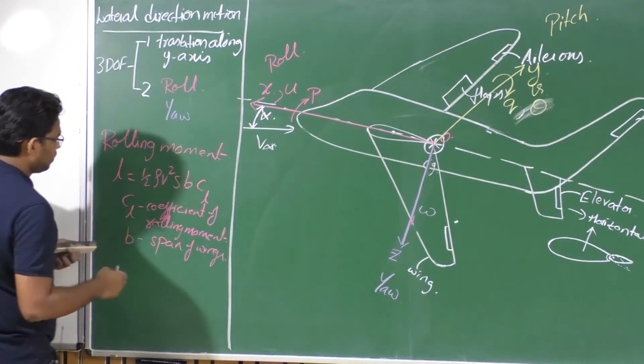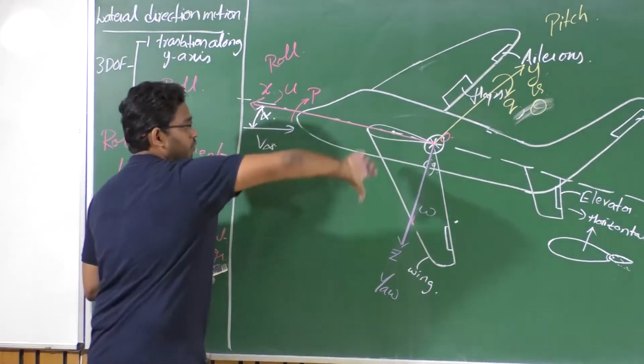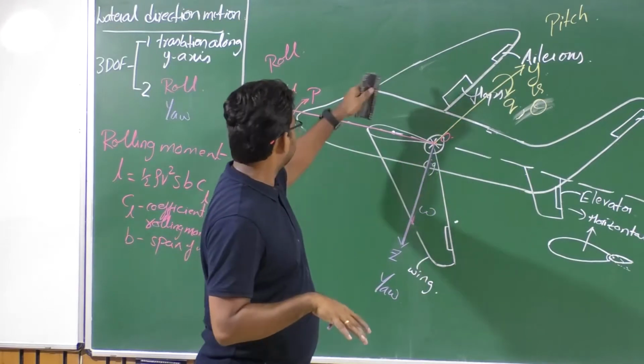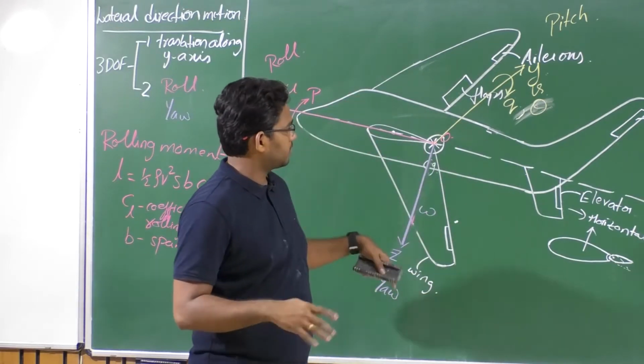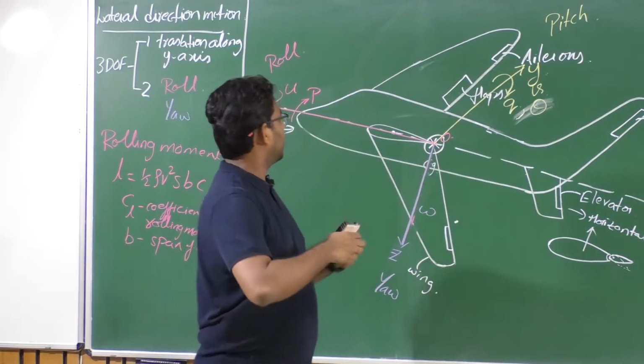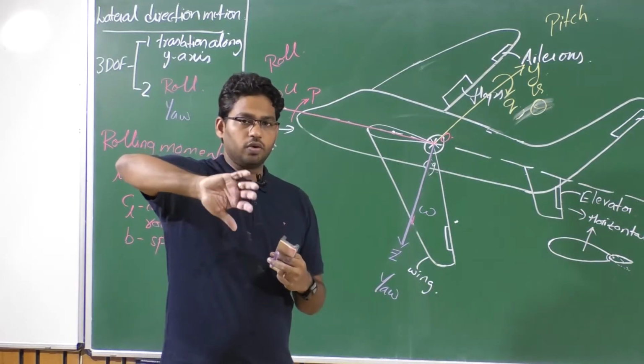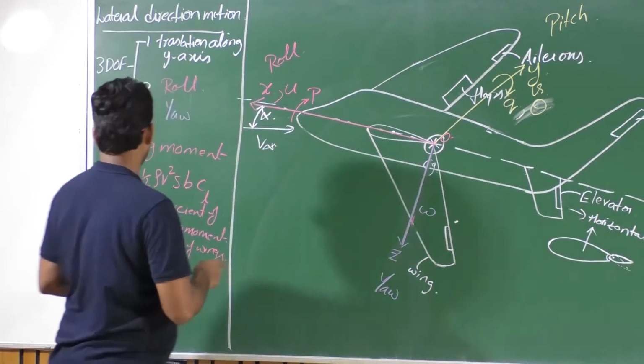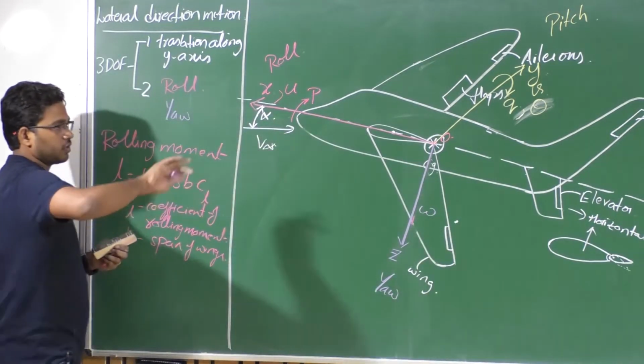And we also have a moment about the z-axis which makes the aircraft rotate about this particular axis. That will help to orient the nose in the horizontal plane, so that changes the orientation of this aircraft in the horizontal plane.